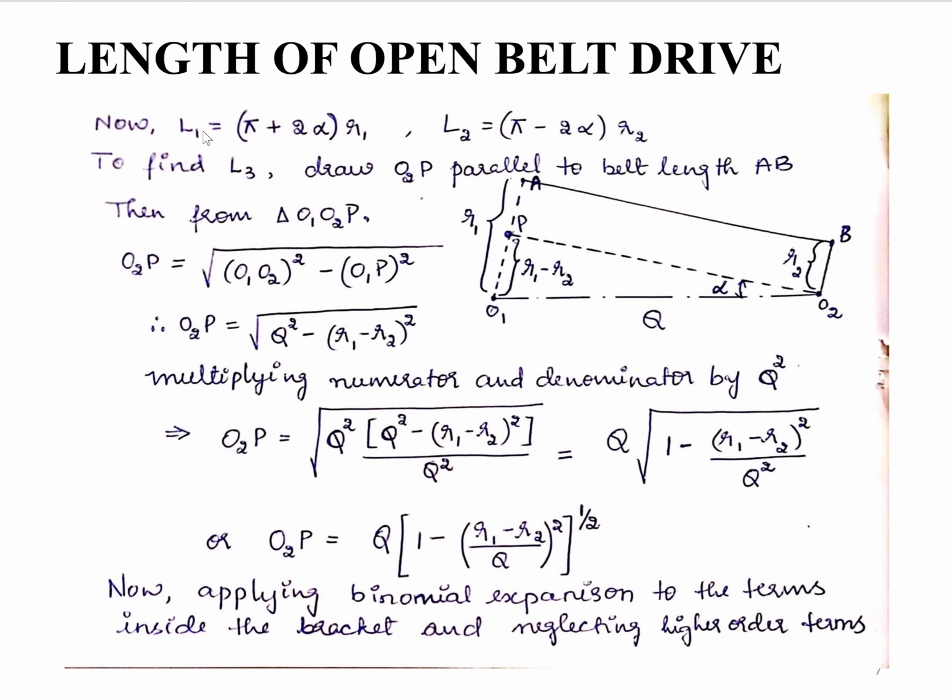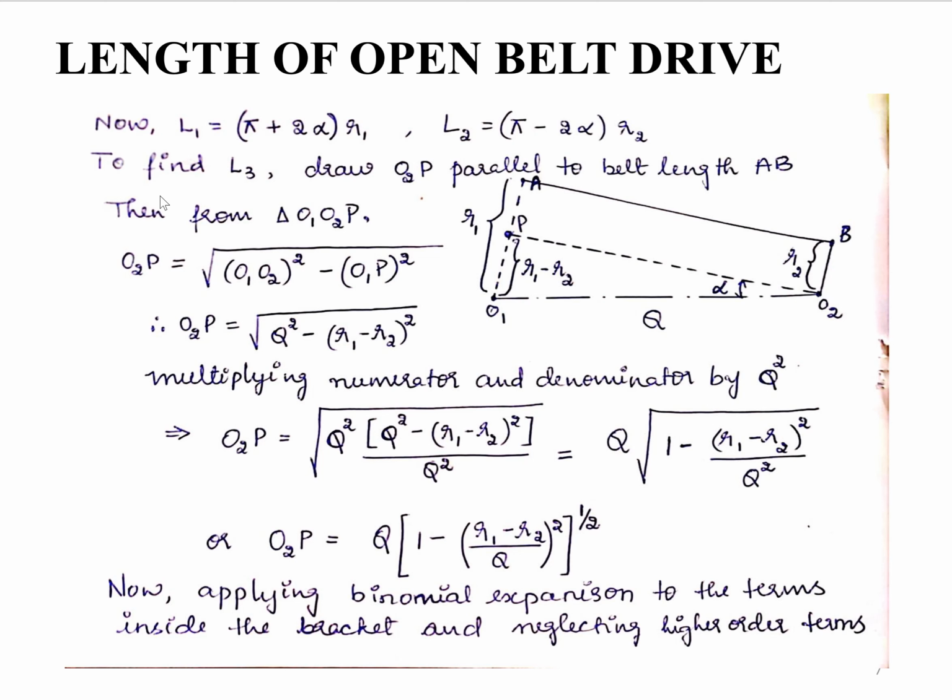Now if I want to find L1, we know the perimeter of a circle is 2 pi r. Here we find it for pi plus 2 alpha times R1, because R1 is the radius and it is in contact over pi plus 2 alpha. Similarly, the length of the arc on the driven pulley is pi minus 2 alpha times R2.